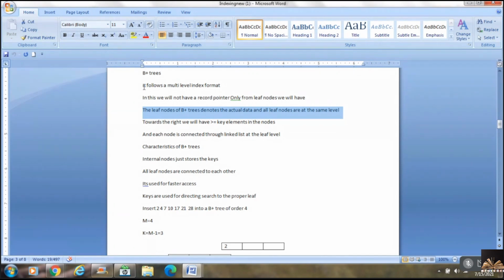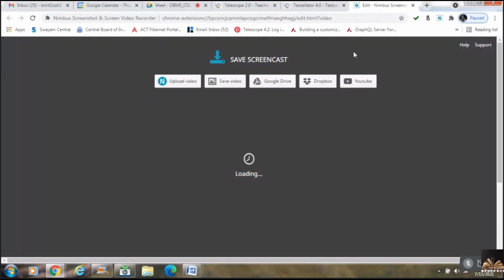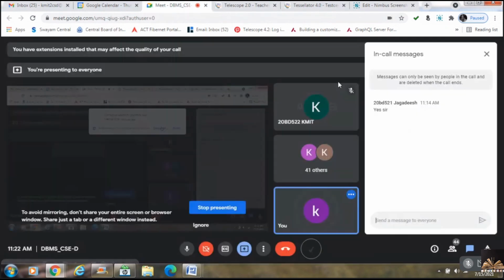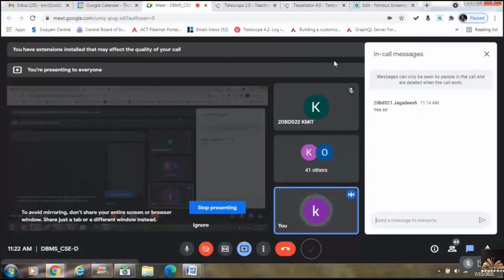The leaf nodes of the B plus tree denote the actual data. So whatever key elements are there, they should be present at the leaf level. That is the last level of the tree.